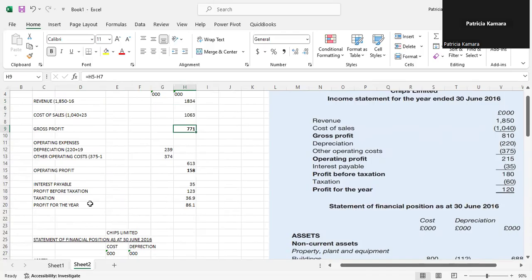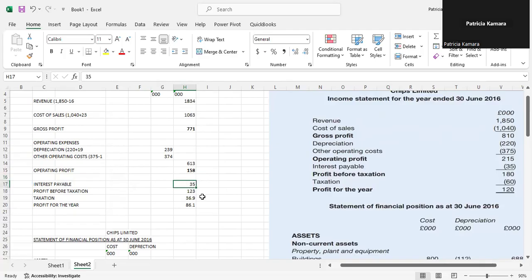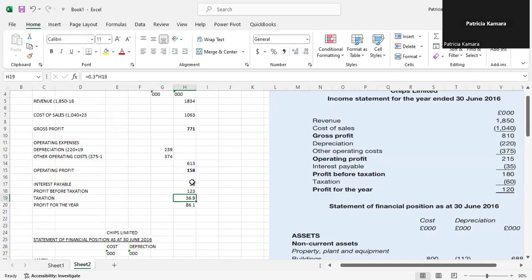And then our operating profit, the same as profit before interest and tax, will become our gross profit minus our operating expenses, giving us 158. And then our interest payment is 35. Profit before taxation will be equal to our operating profit minus our interest payable, giving us 123.